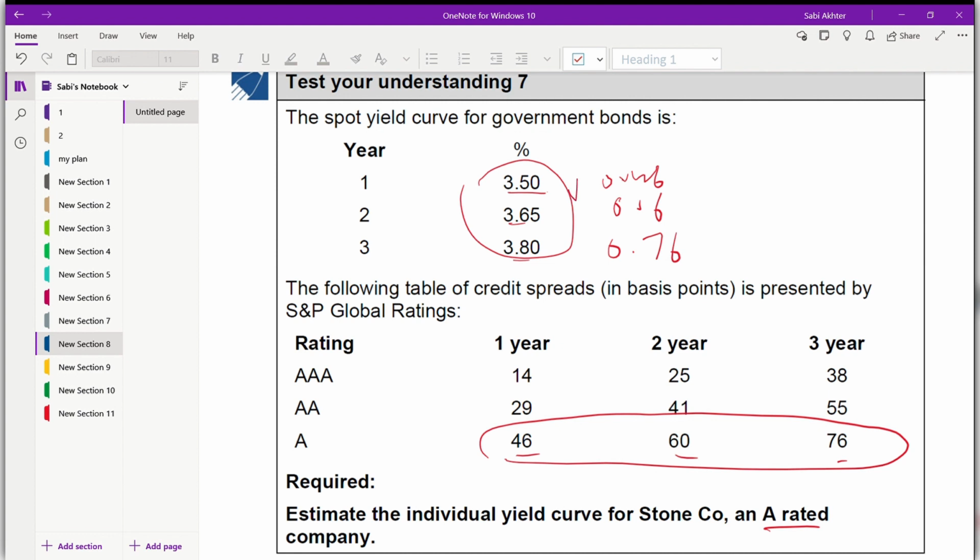Just add both columns and you will get the answer in this column. What is it? 3.96, 4.25 and 4.56. You can see as the year increases, the yield increases more. Why? It becomes more and more risky. That's the reason. Now let us do test your understanding 8.